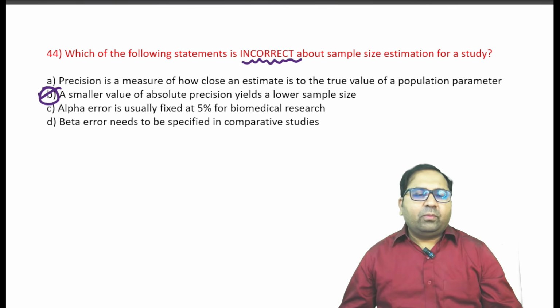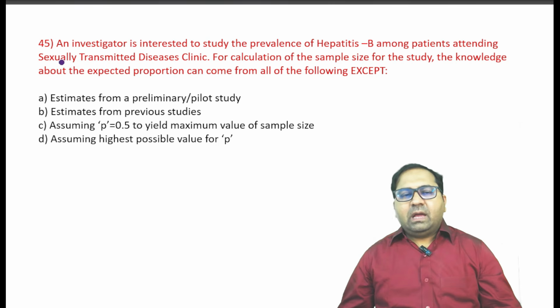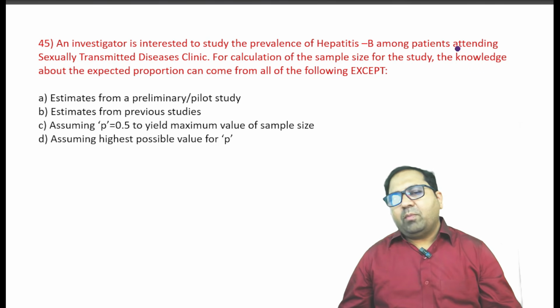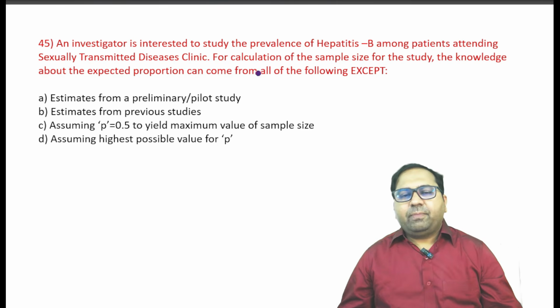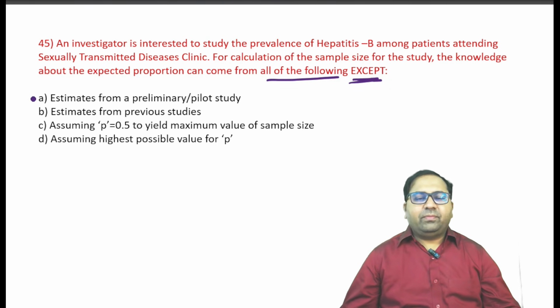Okay. Now, next question. An investigator is interested to study the prevalence of hepatitis B among patients attending the STD clinic. For calculation of the sample size of the study, the knowledge about the expected proportion can come from all of the following except. What are the options they gave?